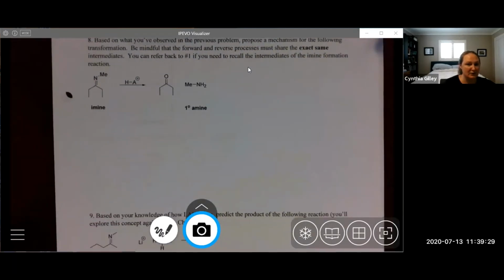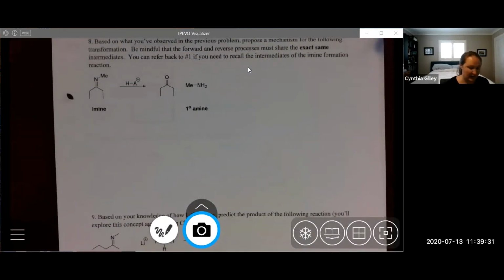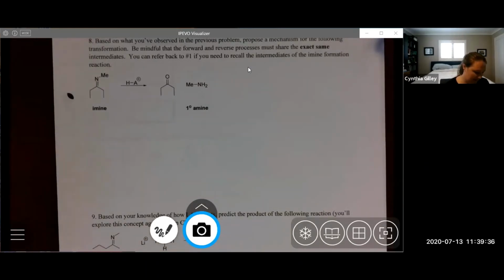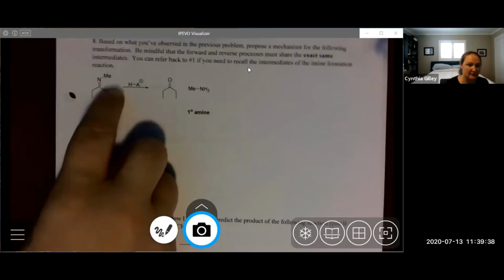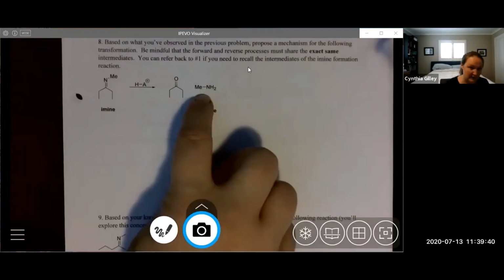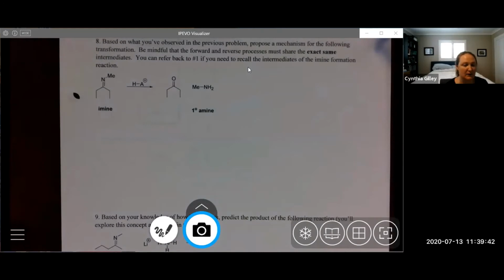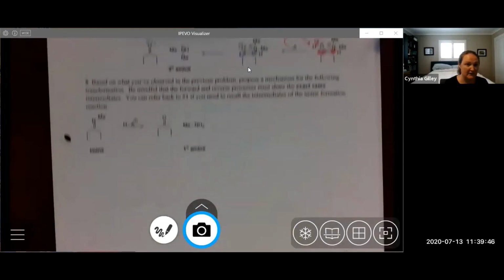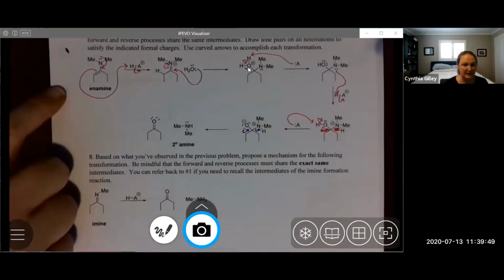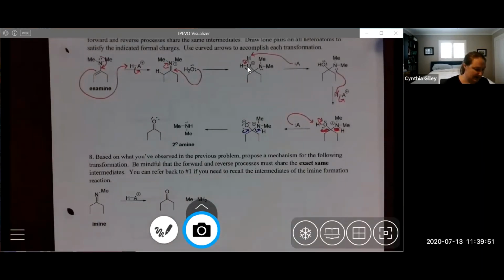Okay, so let's try to apply that same mechanism and go back from this imine to the primary amine, so the reverse of the imine formation instead of the reverse of the enamine formation. It's going to be very similar.